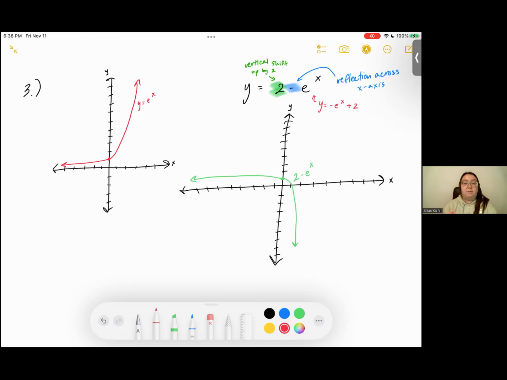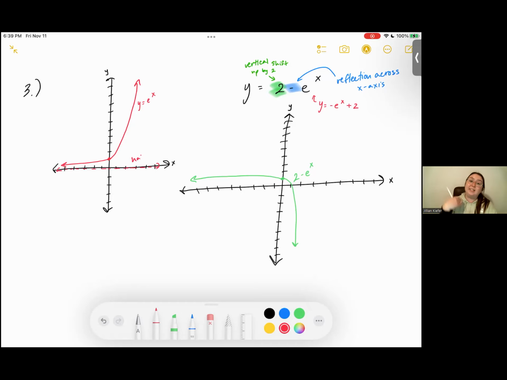So first things first, identifying the horizontal asymptote is probably going to help us quite a bit. With the original graph of e to the power of x, the horizontal asymptote was y equals 0. So there we go, horizontal asymptote is y equals 0.